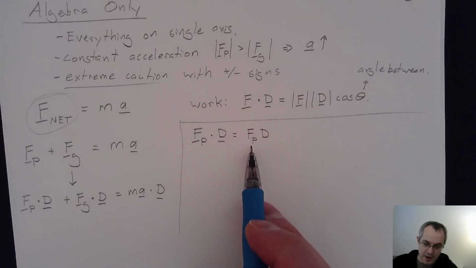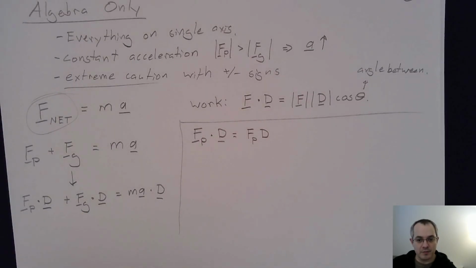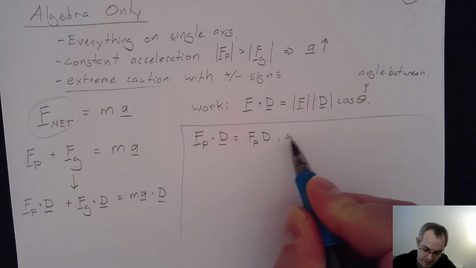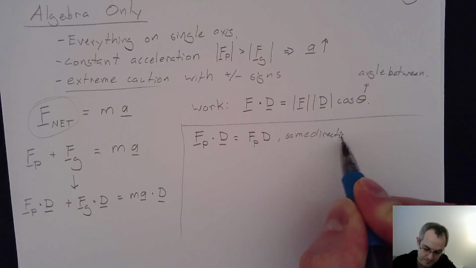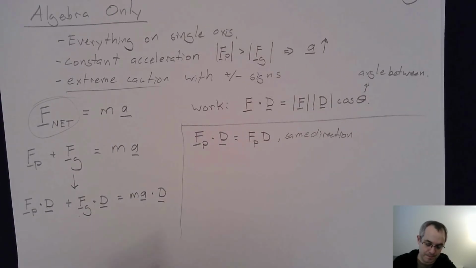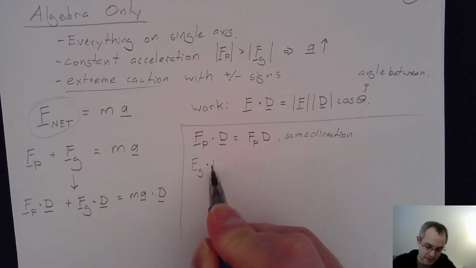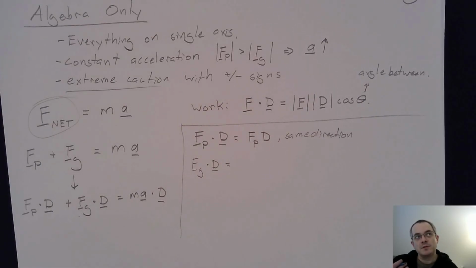Right, so we have the Fp dot d is just Fp times d. And that's because they're in the same direction. Now, let's do this term. Fg, force of gravity, dot d. Remember that the force of gravity is just m times g, right?